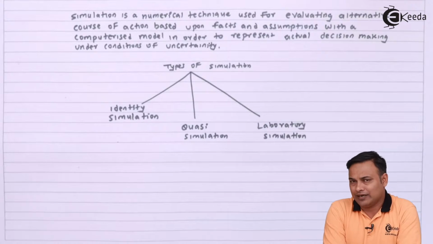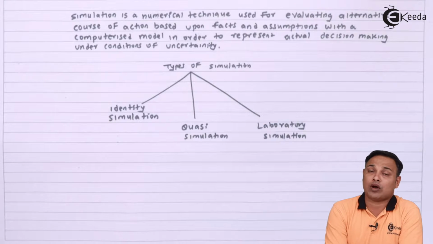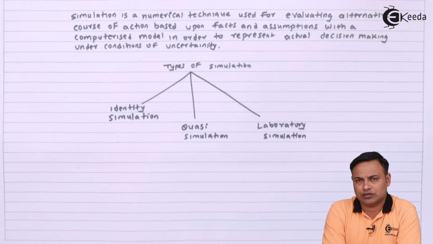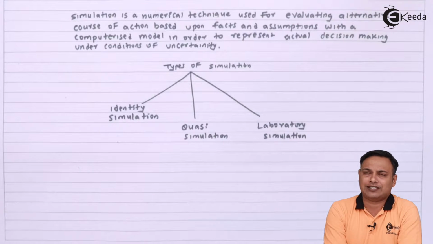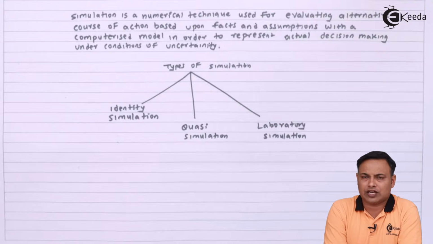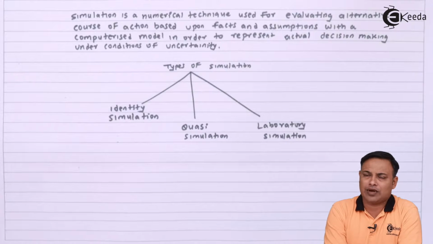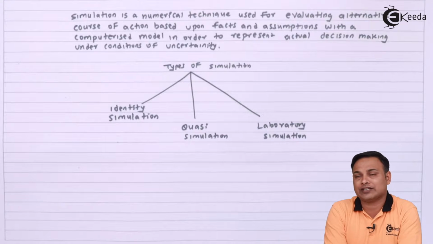On the other hand, we have something called quasi simulation, which is only a part of the total simulation. So अगर मैं कहता हूँ कि as a manager मुझे मेरे organization का, मेरे branch का सभी departments में कितने clients आते हैं between morning 10 to afternoon 12, 10 से 12 के बीच में कितने clients आते हैं, उसको अगर मुझे simulate करना है तो that will be my identity simulation.